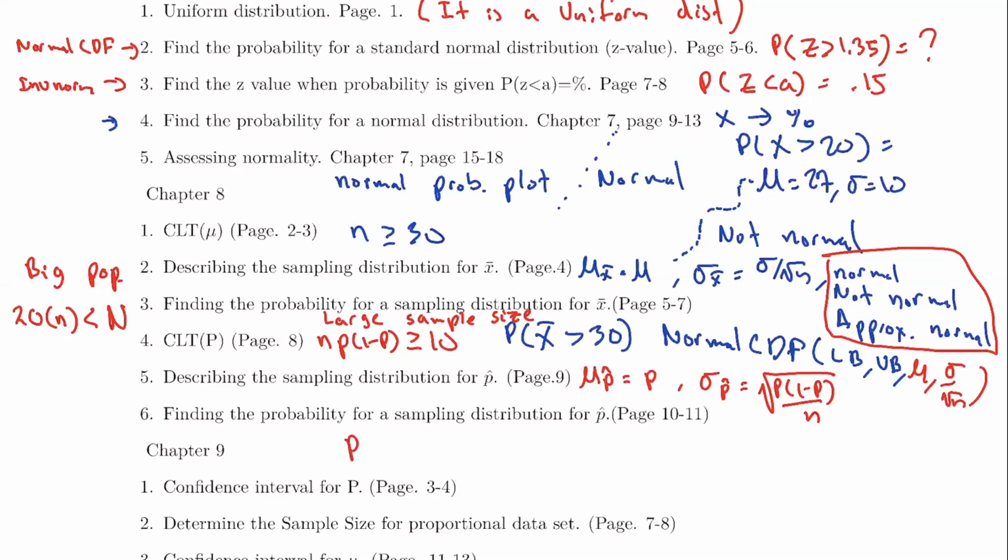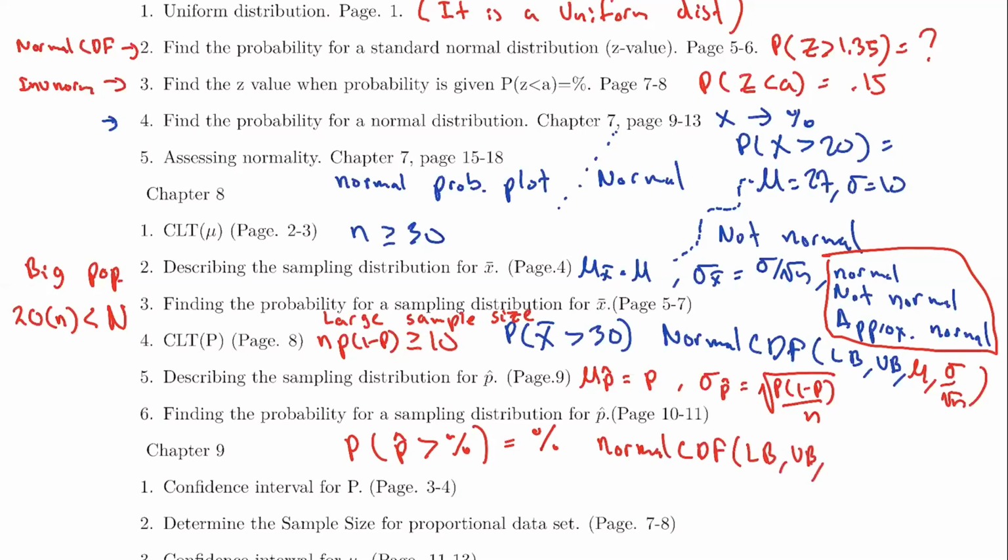So for this one, it will be find the probability where p hat is greater than some percentage, and you want to find that percent. So for this one, you want to do normal CDF. You want to say what the lower bound is, what the upper bound is.